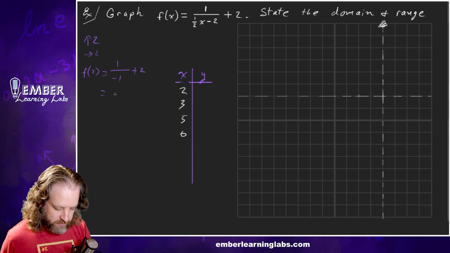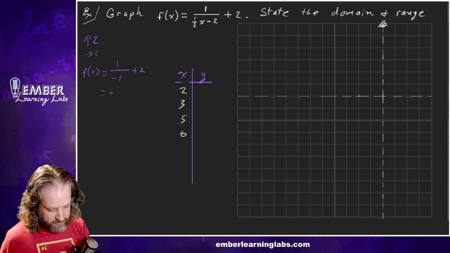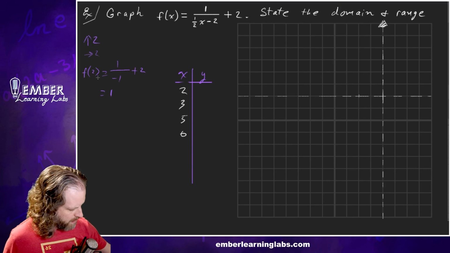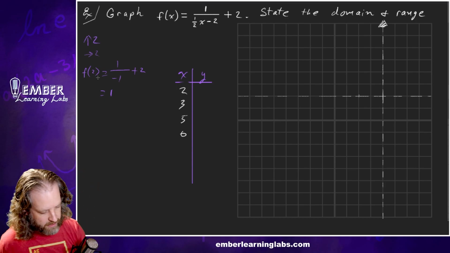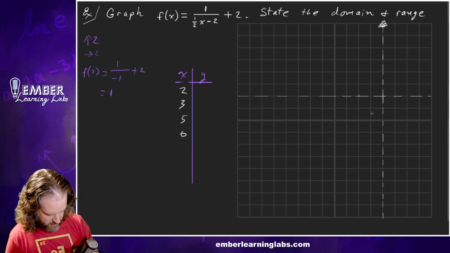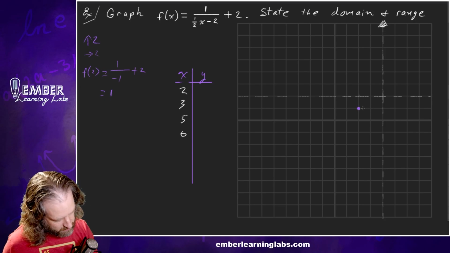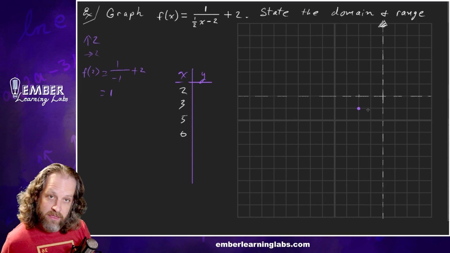So this equals negative 1 plus 2, which is positive 1. All right, I thought my brain was broken again. It was, but we didn't do anything wrong. That's right here at 2, 1. So that point right there.